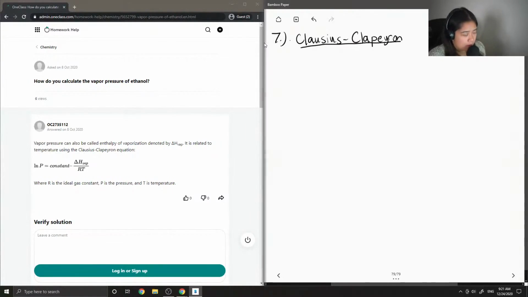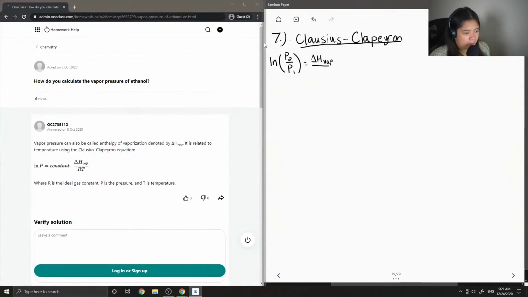Okay, so I'll just quickly write down what that is. You can use the Clausius-Clapeyron equation when a question asks you to solve for something that changes depending on whether temperature or pressure changes.